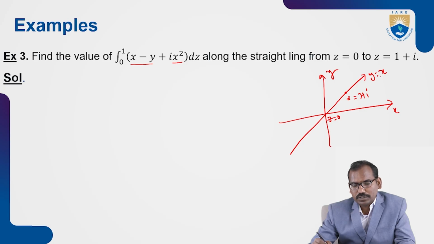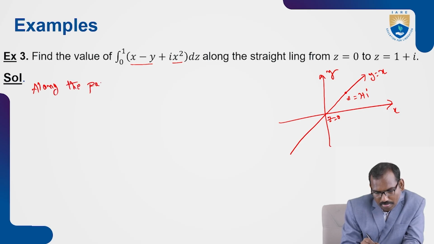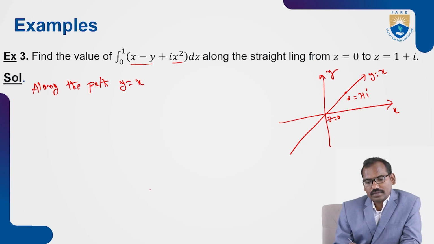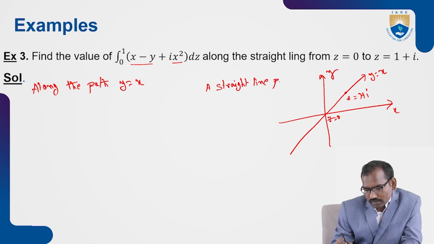So here you have to perform the integration along the path y is equal to x, because it is a straight line passing through z equal to 0, meaning (0, 0), to z equal to 1 plus i, which is (1, 1).